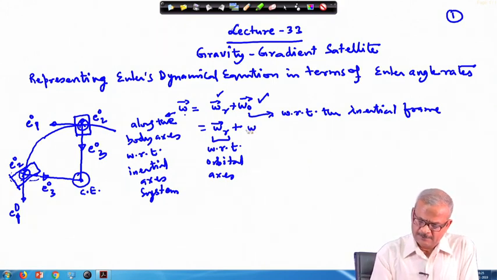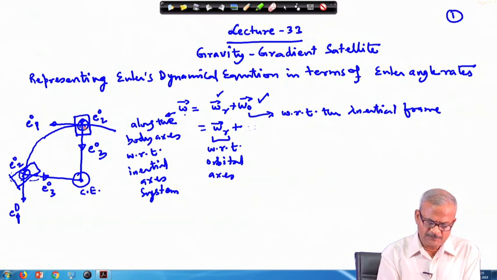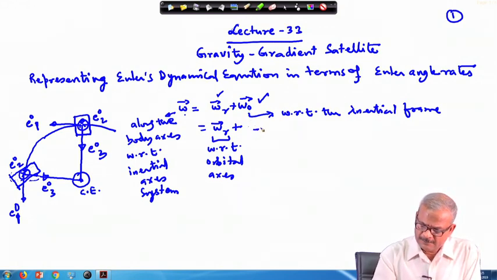This omega 0, if you remember, is perpendicular to the paper and coming out of the page, because the satellite is going anti-clockwise. So we can write omega 0 as minus omega 0 times E cap O2.